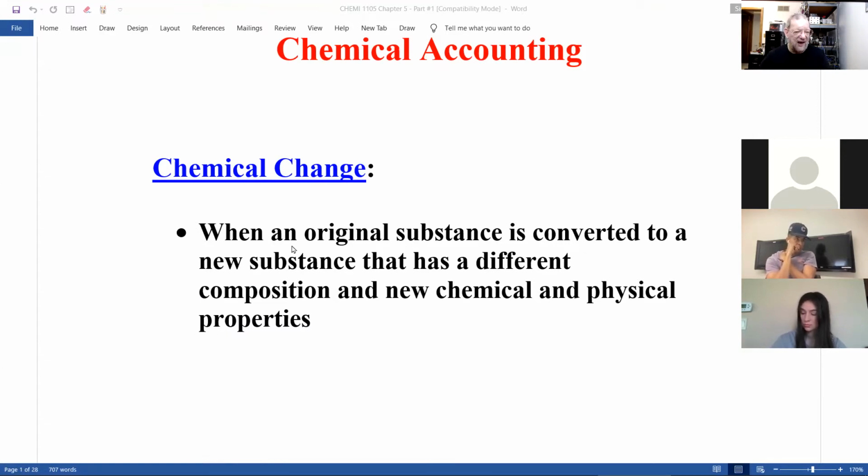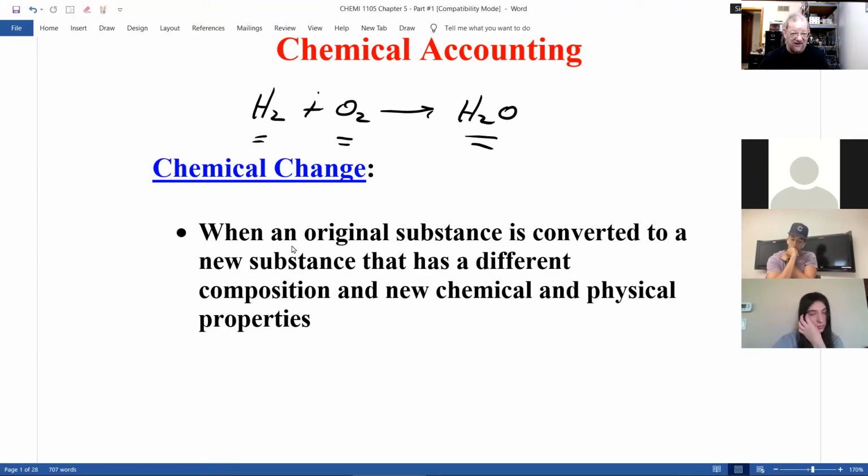And what would be an example of that? Well, if I took hydrogen gas and reacted it with oxygen gas, and you need a little spark, you'll make water. And water has different chemical properties than oxygen and hydrogen, and that's a chemical change.